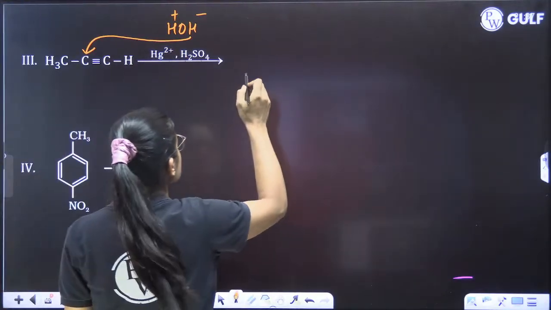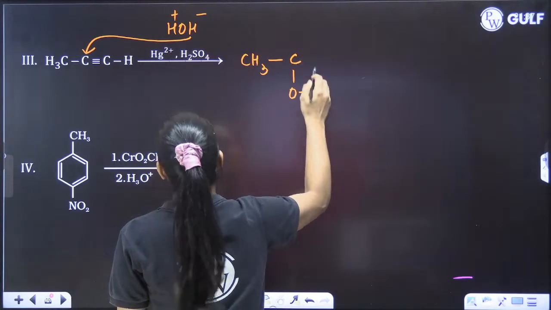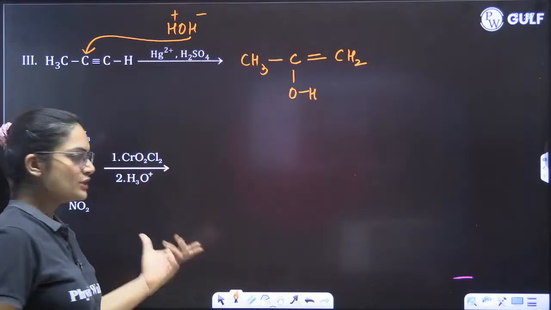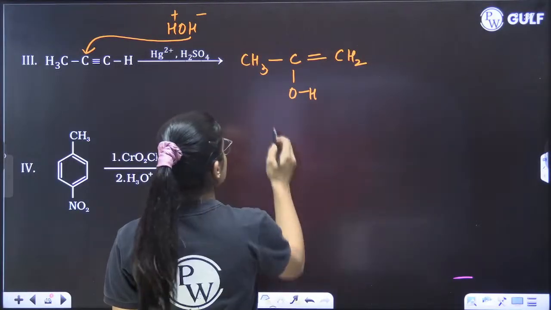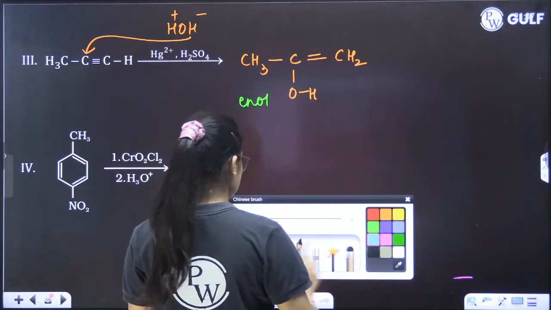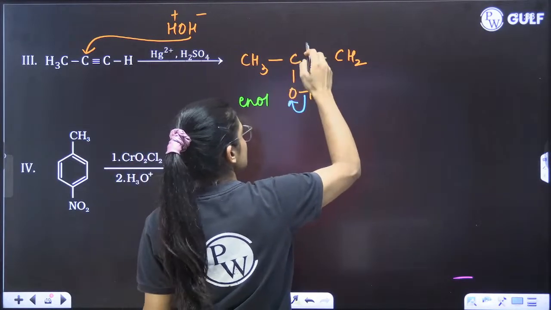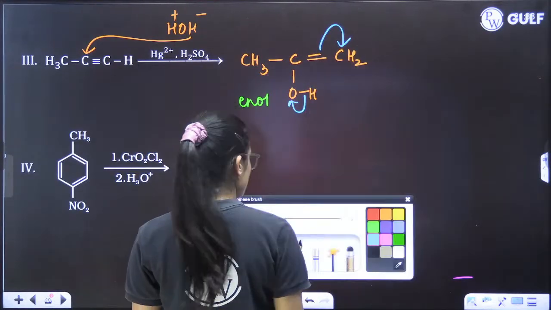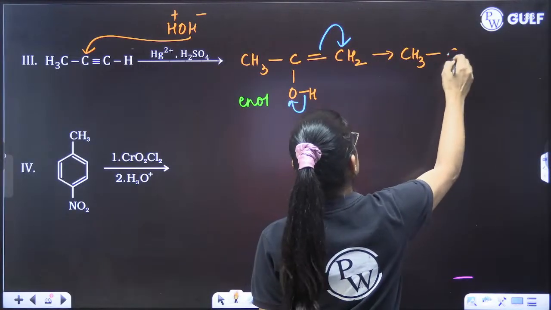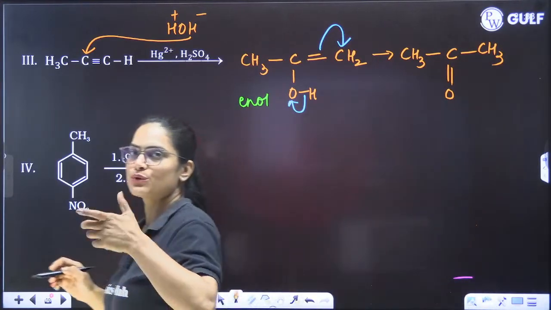So what you'll get here is CH3-C(OH)=CH2. Now this is the enol form and will undergo tautomerism. Here this hydrogen is acidic, this would acquire negative, this will have positive, so pi electrons will shift here. So what you'll get here is CH3-C(=O)-CH3. So from propyne you are getting propanone.